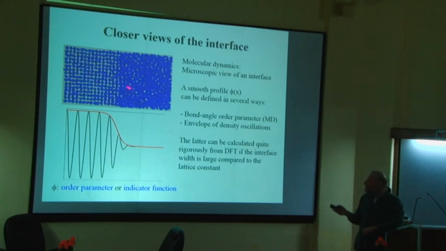You can also analyze these things with classical density functional theory. There your variable is the local density, that is the probability of finding an atom somewhere. In the solid, this probability will oscillate. It will be maximal on the position of the atoms and minimal in between. In the liquid, it will be homogeneous.